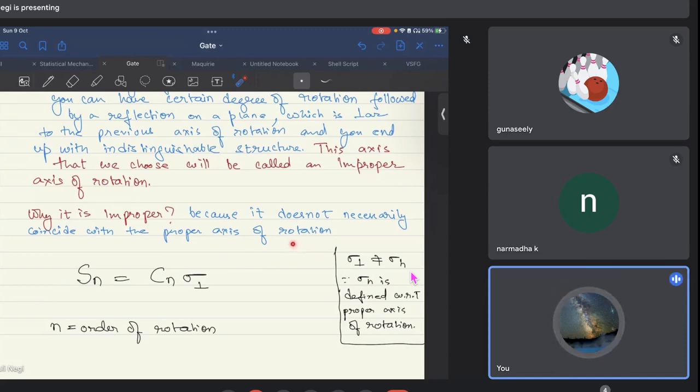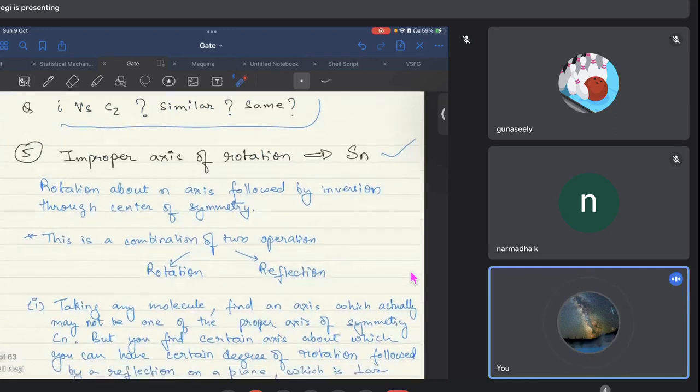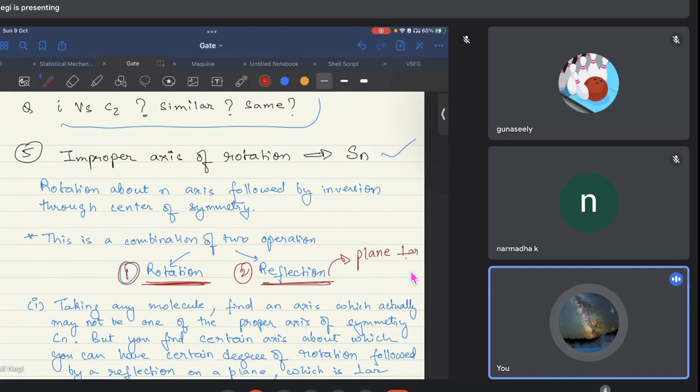But here, with this symmetry element known as the improper axis of rotation, we are doing a combination of operations, where first I do the rotation and second I do the reflection, and this reflection is through a plane which is perpendicular to this rotational axis.